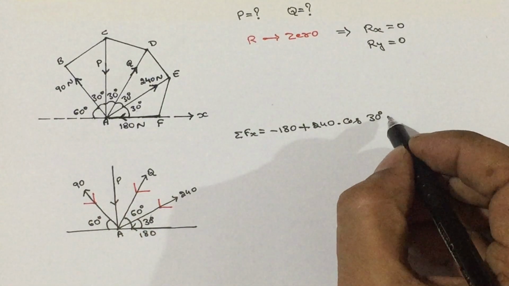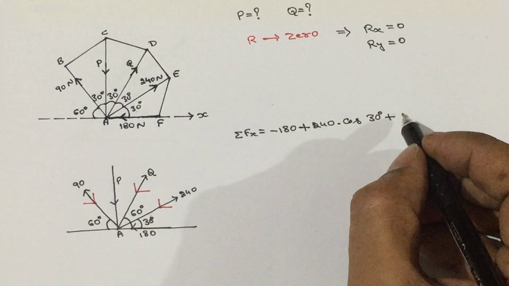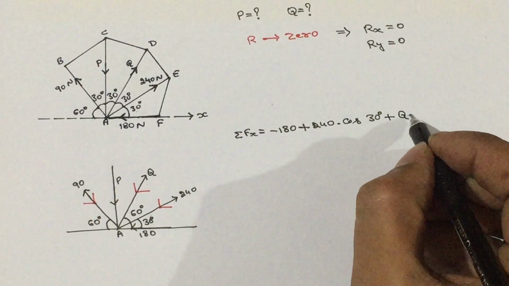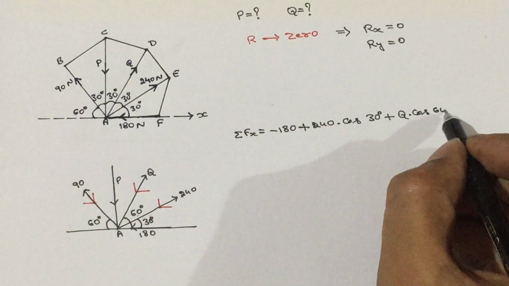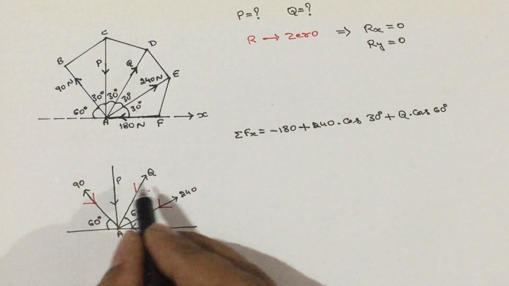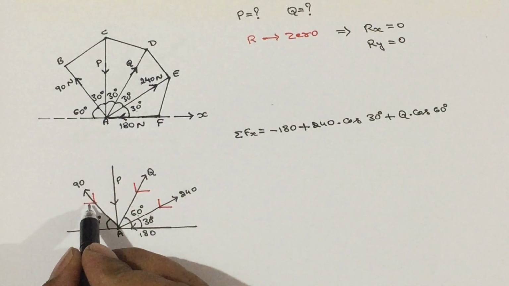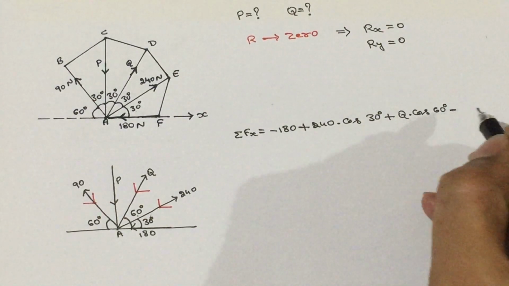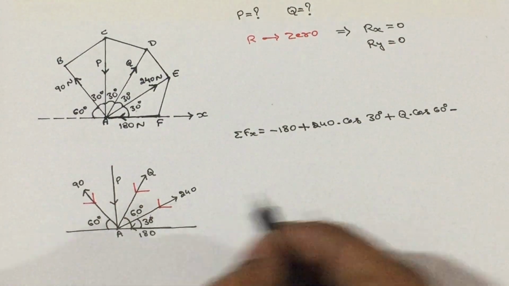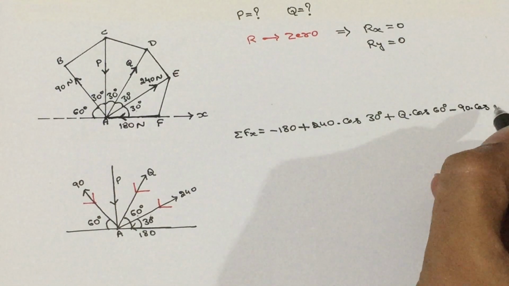Then Q's horizontal component is moving rightward, positive, F cos theta, that is Q into cos 60, vertical component leave it. Then the horizontal component of 90 is moving leftward, so minus, F cos theta, that is 90 into cos 60 degree.